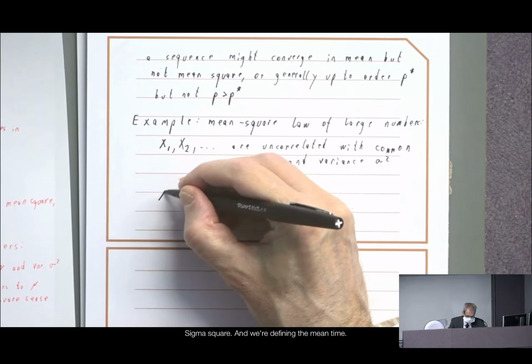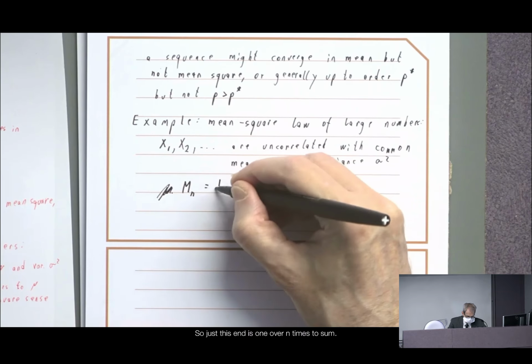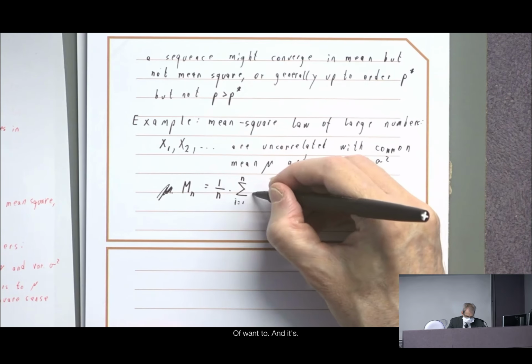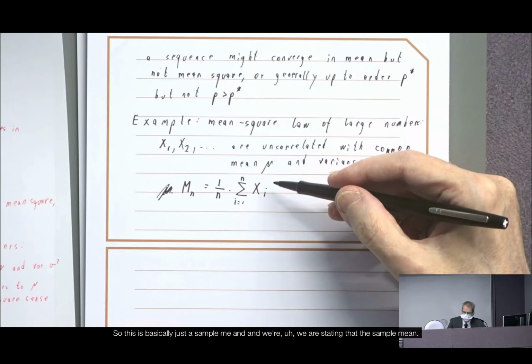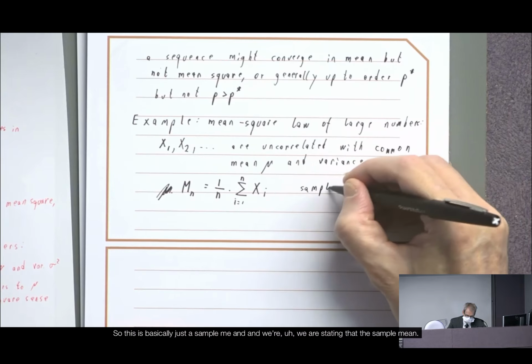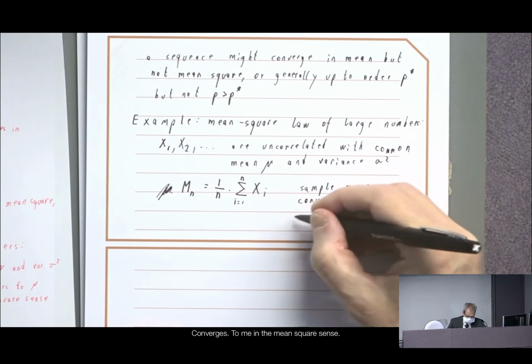And we're defining a mean, this is mn, as 1 over n times the sum from 1 to n of xi. So this is basically just the sample mean. And we are stating that the sample mean converges to mu in the mean square sense.